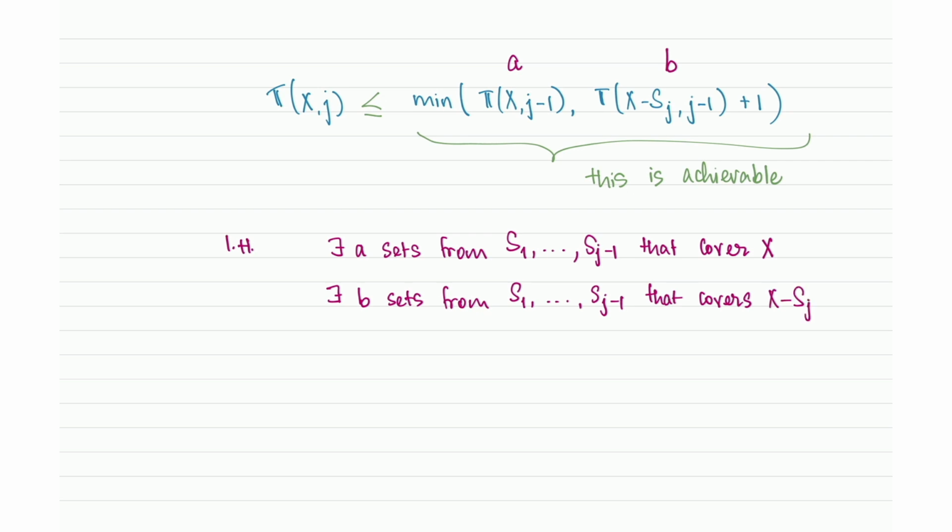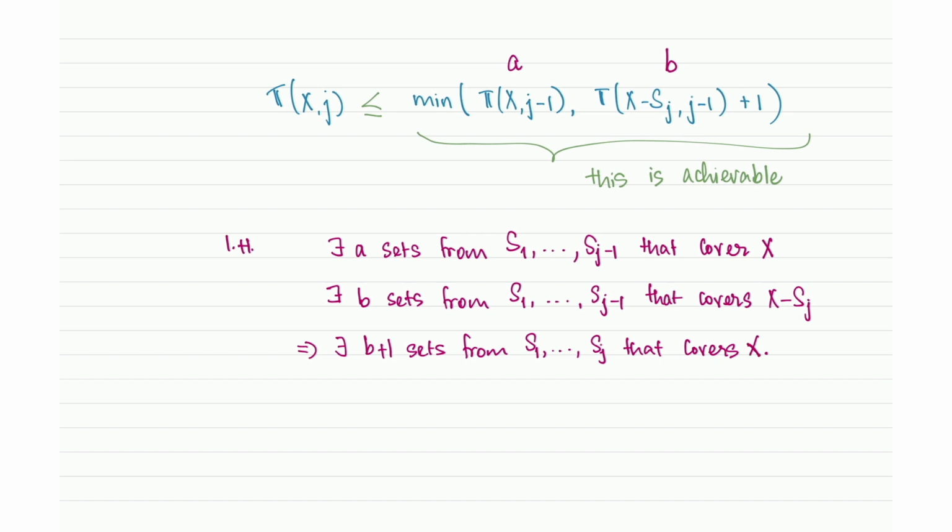And the second statement implies that there is a collection of b plus 1 sets from, again, S1 through Sj that covers x, because we could simply take this collection of b sets here and append the set Sj to it to get a cover for all of x.